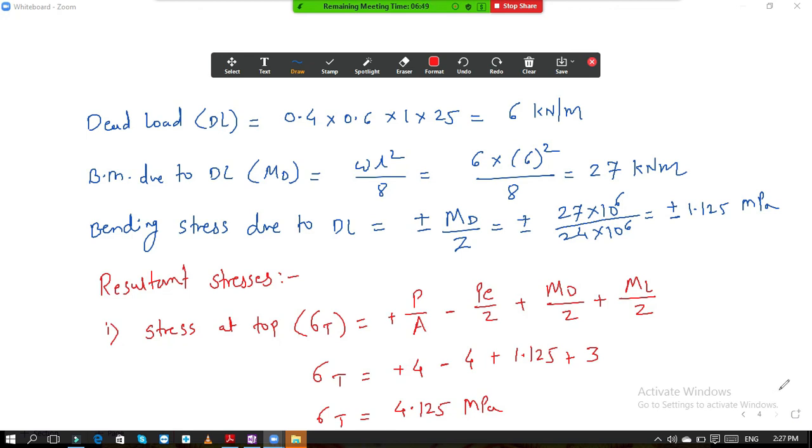Similarly, calculate the total stress at bottom. Second, stress at bottom or soffit. This is sigma b.